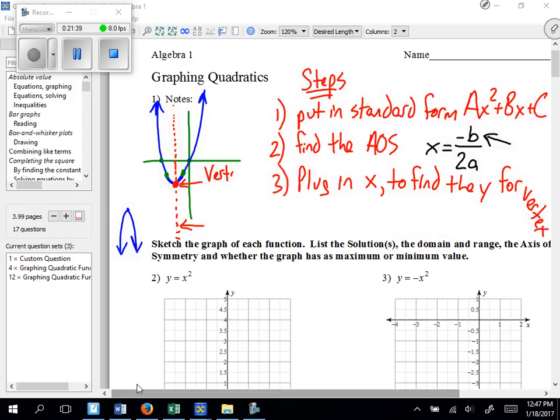And for step number 4, create table and graph. Okay, so we put it in standard form, we find the axis of symmetry, we plug in x to figure out what our y would be, so we have a vertex, and then from there we create a table and a graph. Alrighty, let's give it a shot.